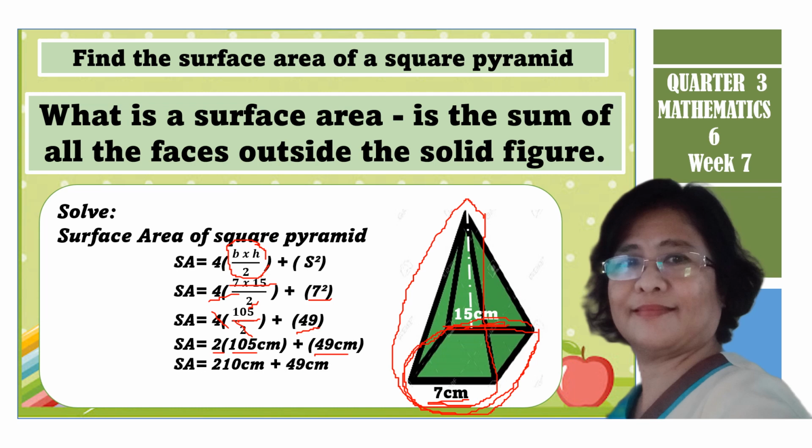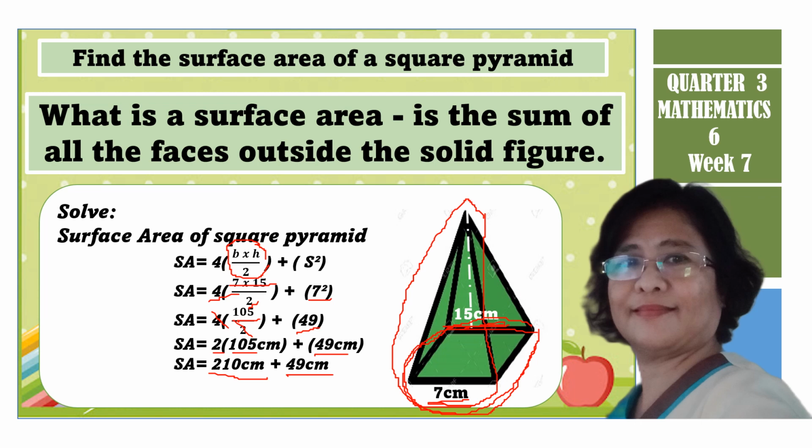And then next, 105 times 2 is equal to 210. And then we just bring down 49. Since the surface area is the sum of all the faces outside the solid figure, the faces are the 4 triangles and the square.